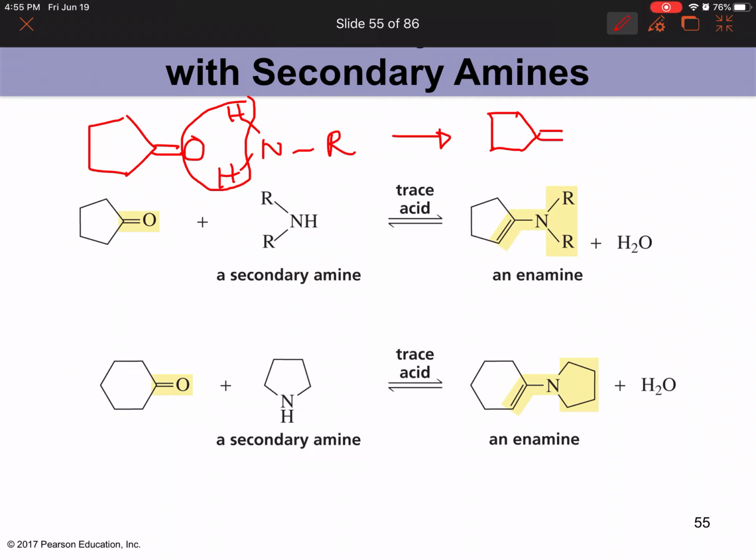Now instead of oxygen you put nitrogen there, and then you have your alkyl group, and we call this an imine by losing a water molecule. That's how the imine formed.